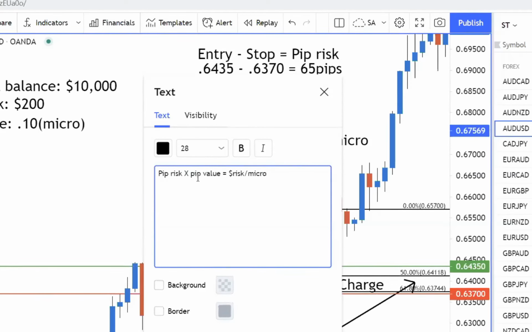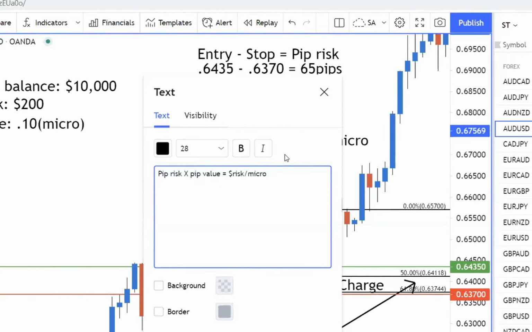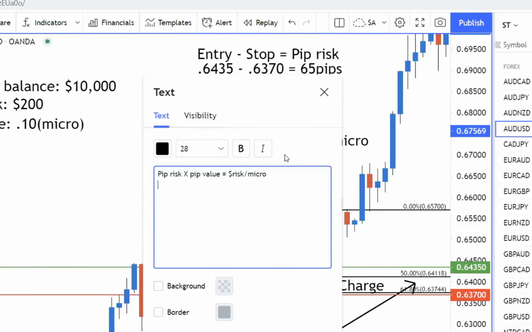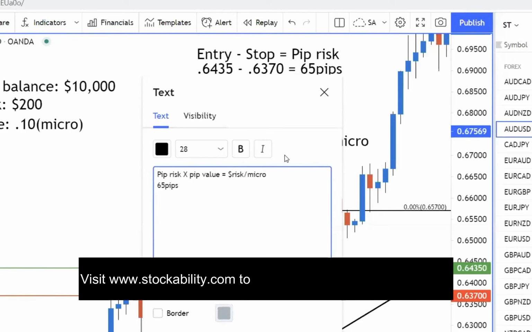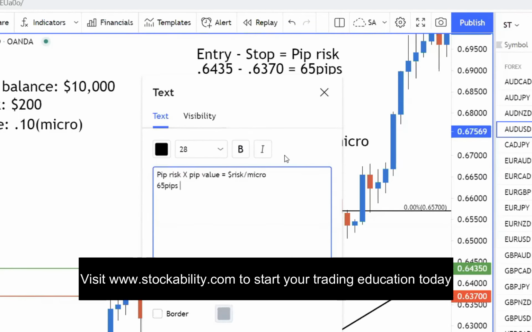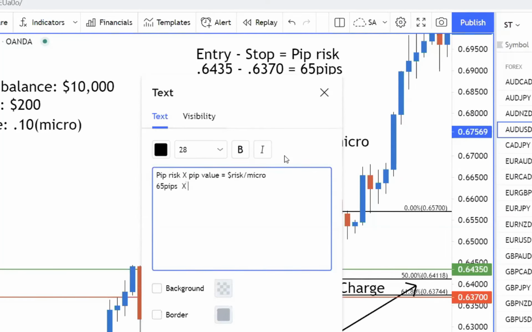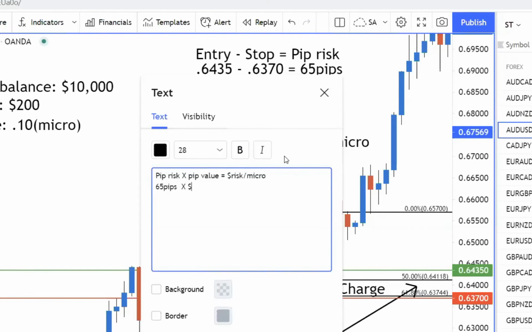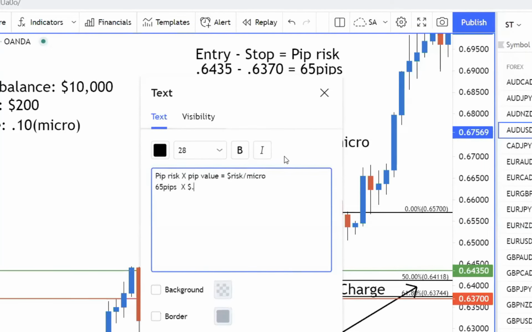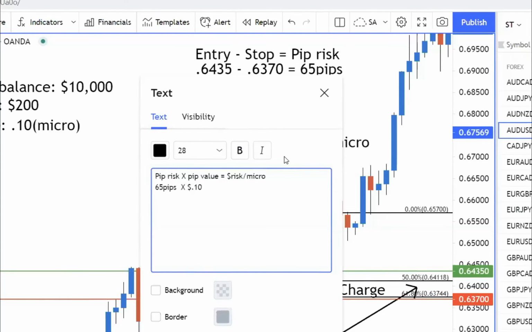So with the pip risk times pip value, we know what the pip risk is. That was step number 1, 65 pips. We also went out before this process and grabbed that pip value. So the pip value for Aussie dollar, I'll throw the dollar sign in there, is 10 cents.